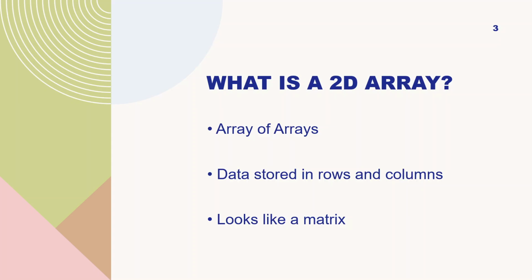Now let us understand what a 2D array is. A 2D array is also called an array of arrays. That means each element of the array is itself another array. In a 2D array, data is stored in the form of rows and columns.